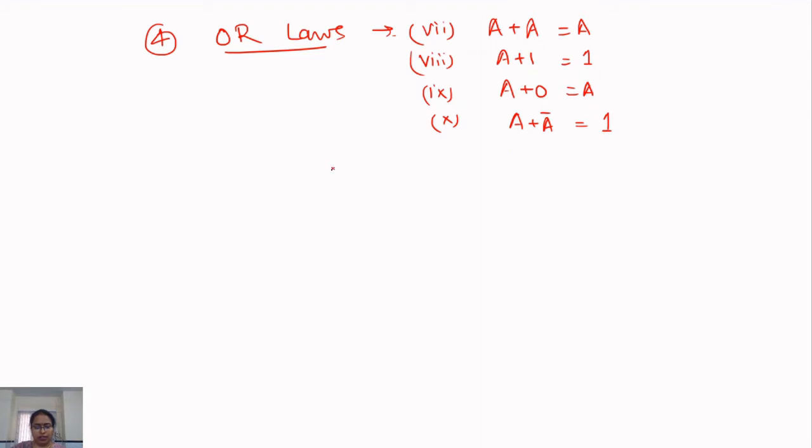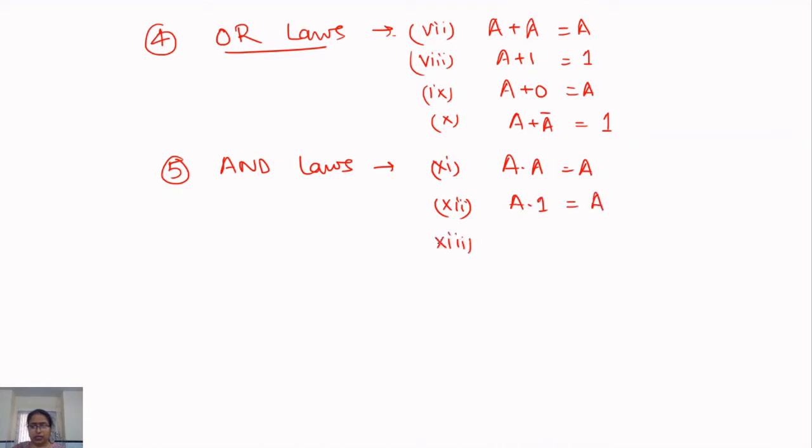These are the OR laws, and there are AND laws, which state that A dot A equal to A; the 12th one is A dot 1 is equal to A; 13th is A dot 0 equal to 0; 14th is A dot A complement is equal to 0.